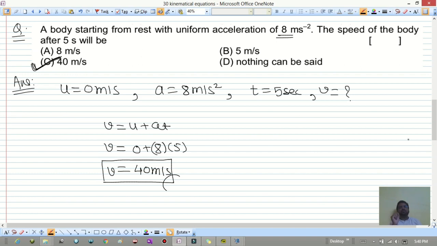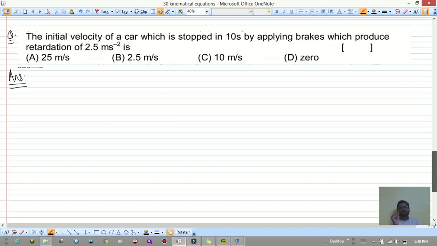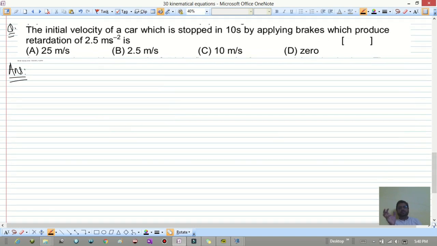Chalo, next problem. As you can see over here, find the initial velocity of a car which is stopped in 10 seconds by applying brakes which produce a retardation of 2.5 meter per second square. We want the initial velocity of a car which is stopped in time t equal to 10 seconds.